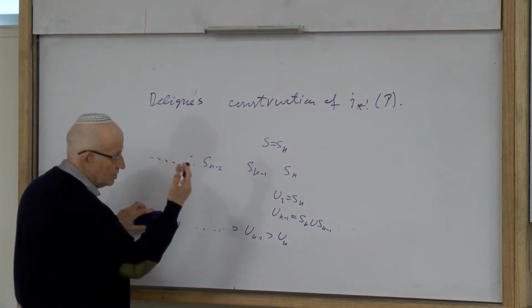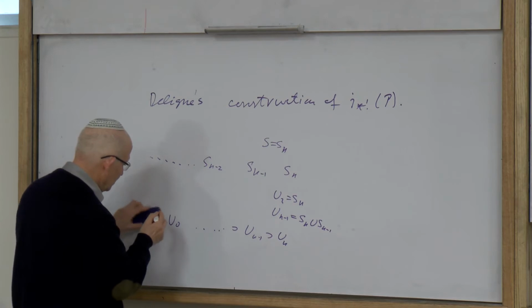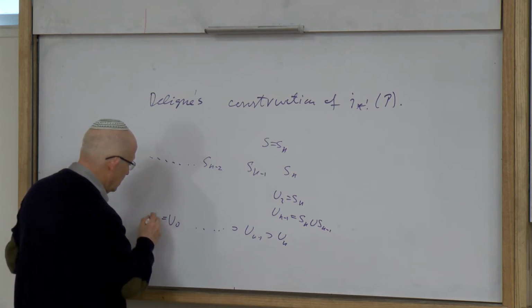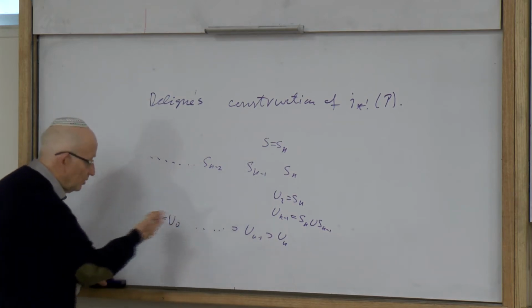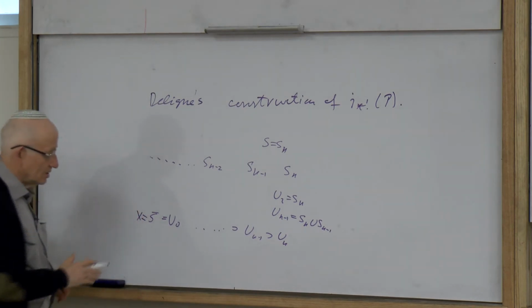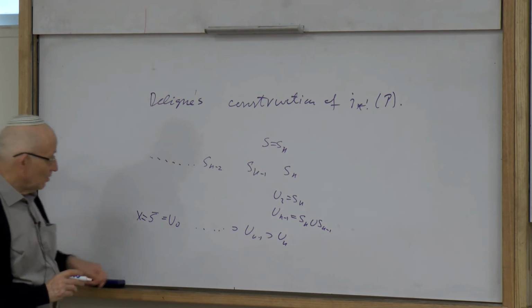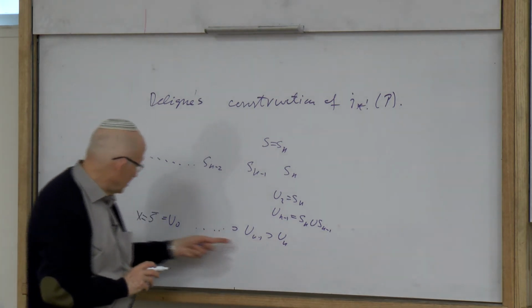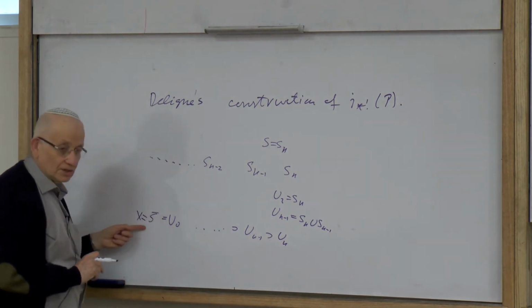I can assume that S is open. So these are open subsets in S bar. Let's assume that X is equal to S bar. I have a sheaf here, and I would like to extend it to a sheaf on X.